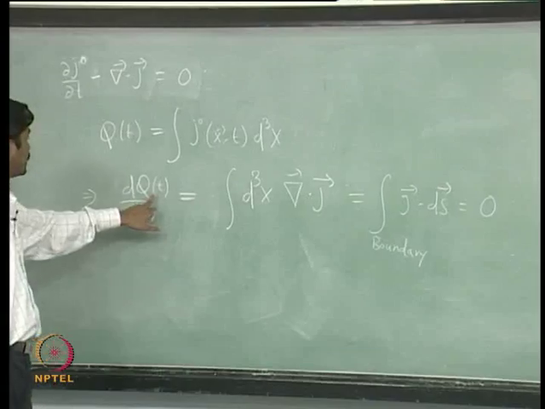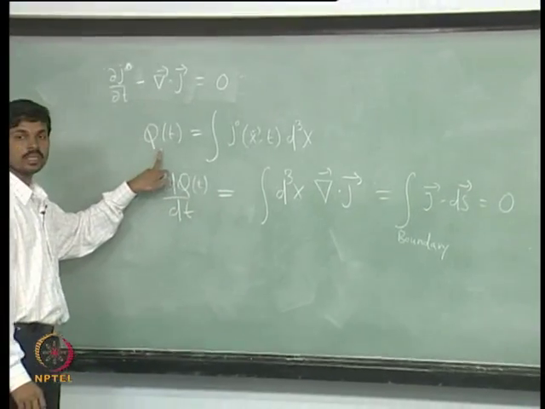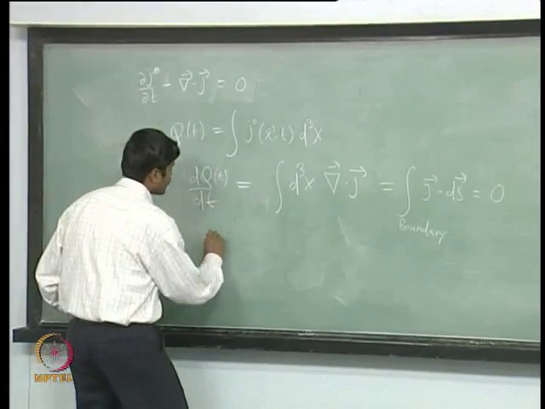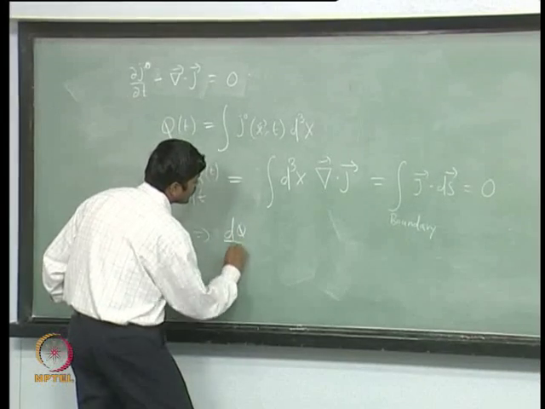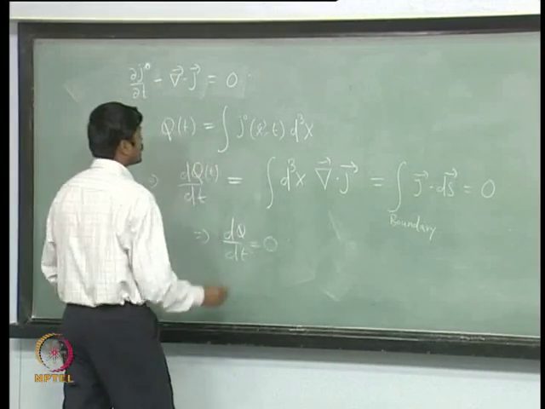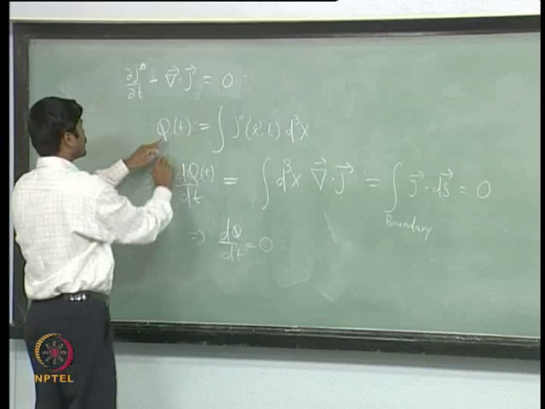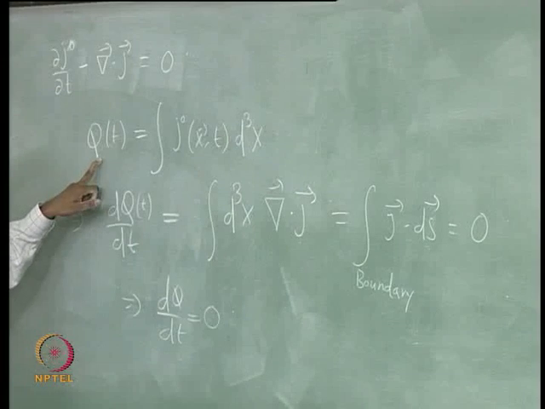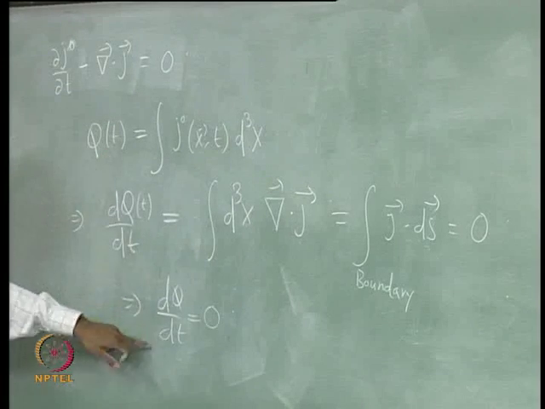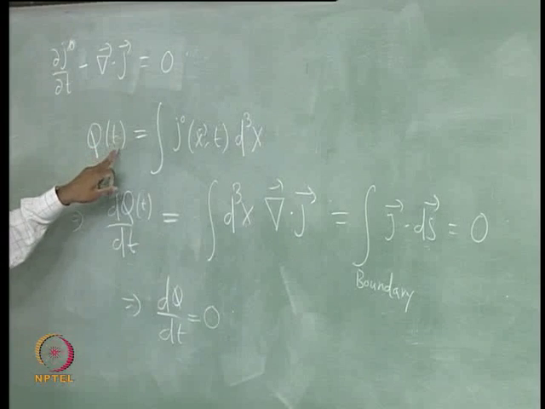Therefore, the rate of change of this quantity q of t is equal to 0. So, this implies dq over dt equal to 0. So, this quantity which I defined to be q remains constant in time. So, what we get is a quantity which remains conserved.